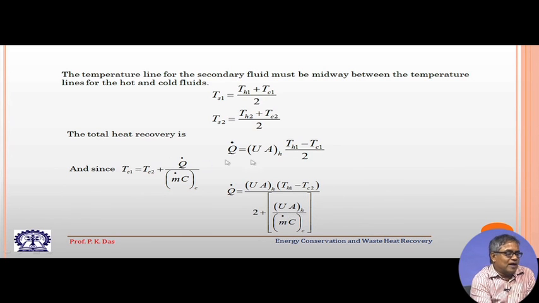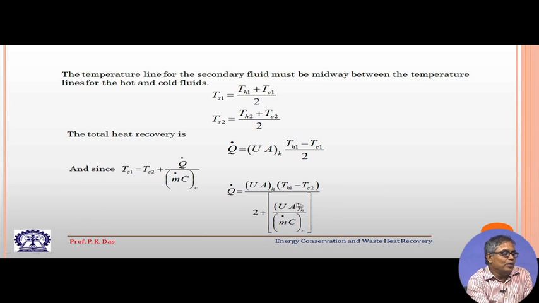With some algebraic manipulation you can prove that Q dot is equal to this quantity, where UAH, the product of overall heat transfer coefficient and heat transfer area for the hot end heat exchanger, is known. TH1 minus TC2, the inlet temperature of the hot fluid and inlet temperature of the cold fluid, is also known in most practical applications.